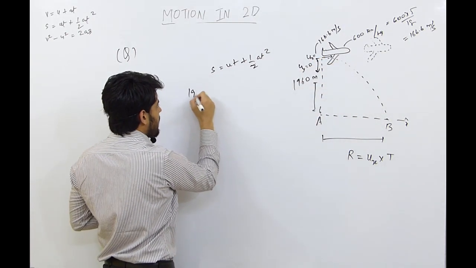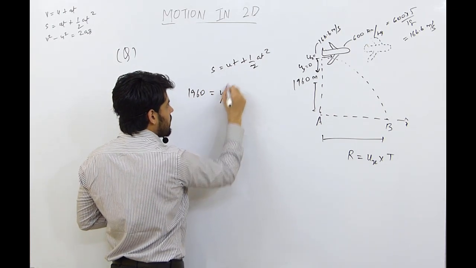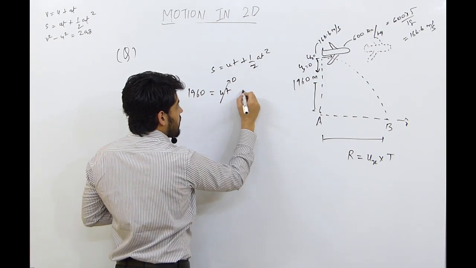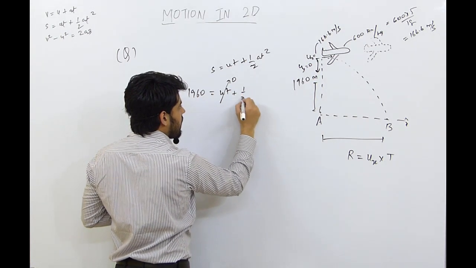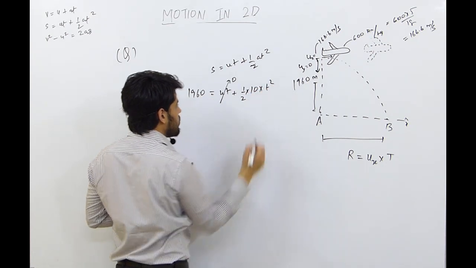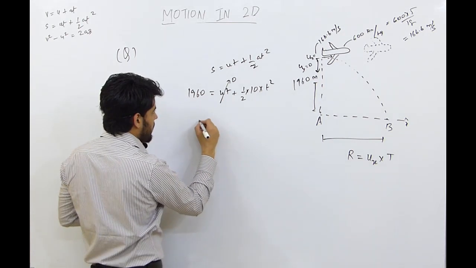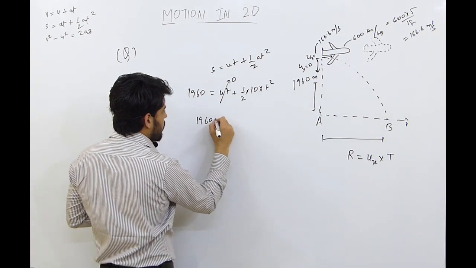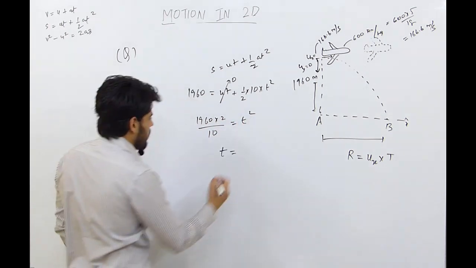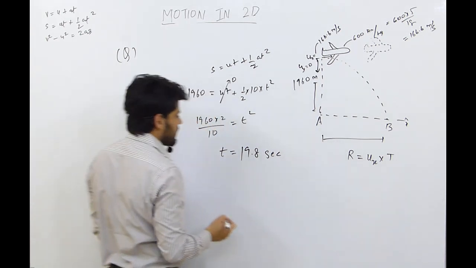So s is 1960, equal to ut, which is 0 because initially the bomb has been dropped, plus half into g, taken as 10, into t square. So from here t square is 1960 into 2 divided by 10. T comes out to be 19.8 seconds.